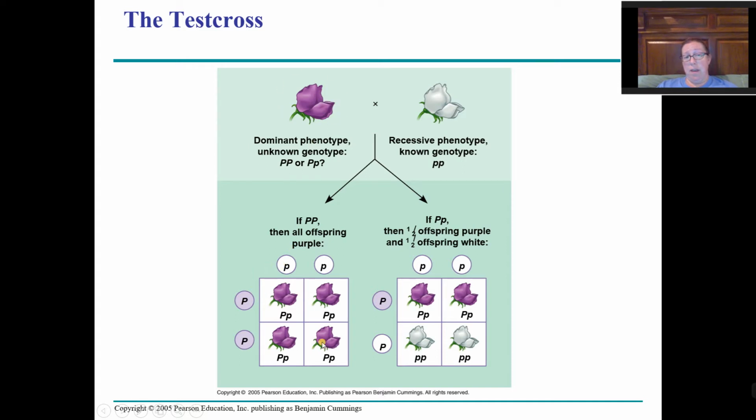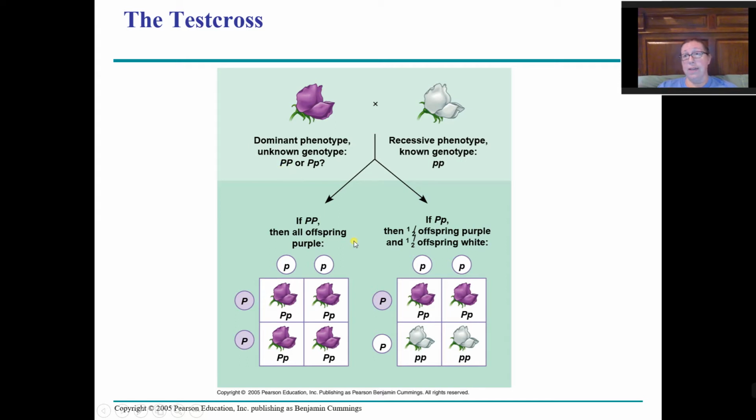If everybody is purple, then the parent must be homozygous dominant, which is another way of saying true breeding. That's what he did, and that's how we figured out that for that original parent generation, that purple flower was big P, big P.